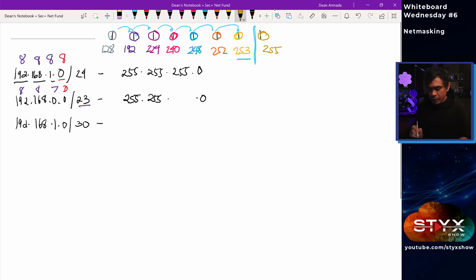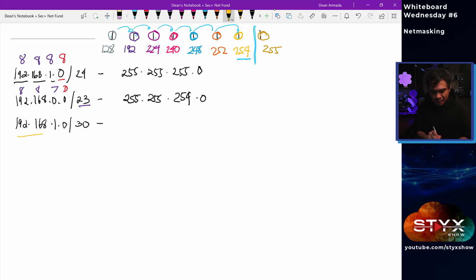So if you look at the divider, 7 bits set to 1s, this should have a value of 25... Alright, I made a mistake. This should be 254. So it's not 253. It should be 254. There you go. So the value of the /23 prefix is the 255.255.254.0 netmask.